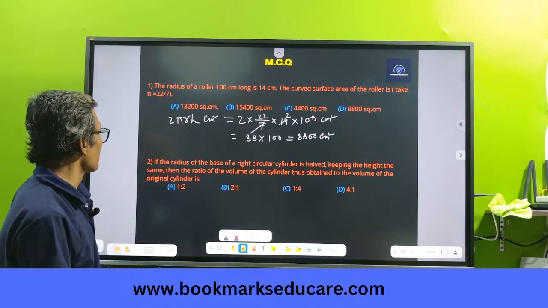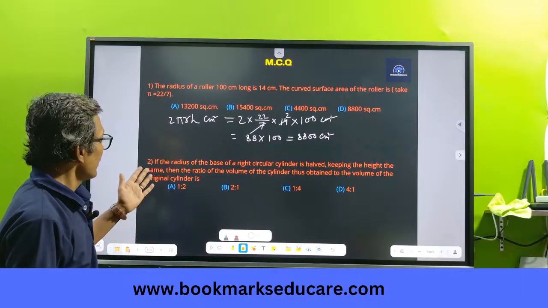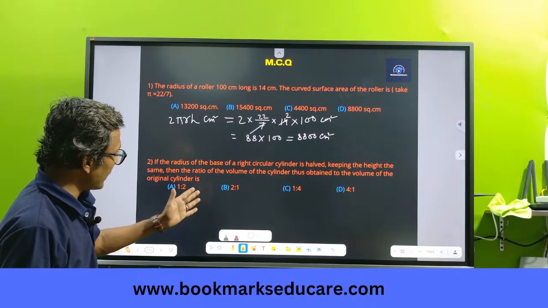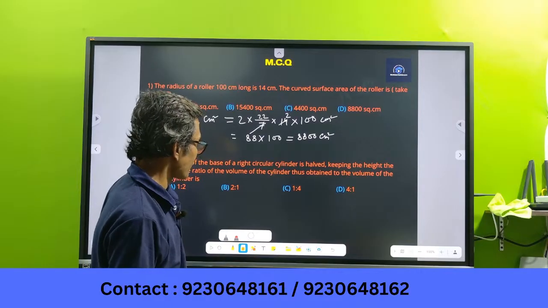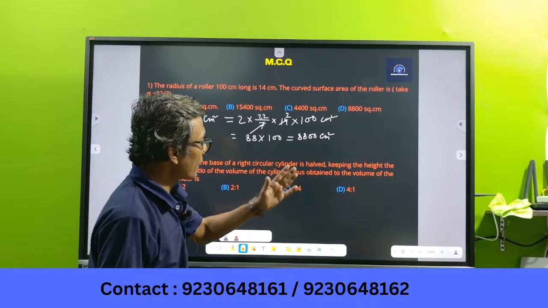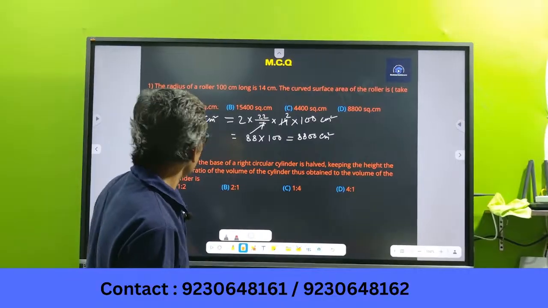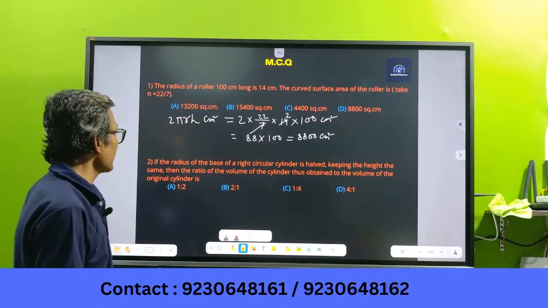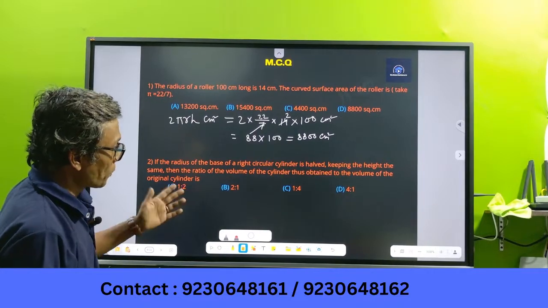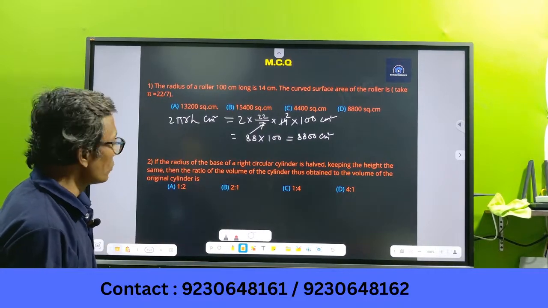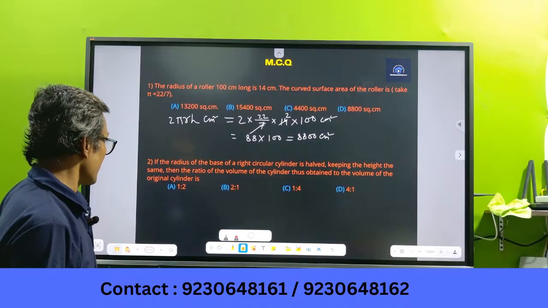Now another problem is: if the radius of the base of a right circular cylinder is halved, keeping the height the same, then the ratio of the volume of the cylinder thus obtained to the volume of the original cylinder.